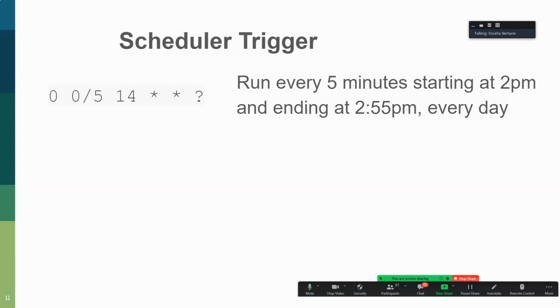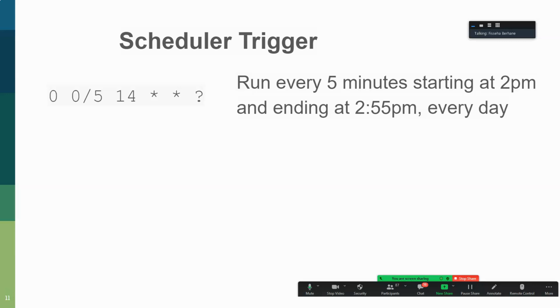And another one, these ones are increments. I have two examples with this one. So we have a denominator and a numerator here. The denominator is the increment. So in this case, our increment is 5, every 5. But when does it start? It starts at 2 p.m. because the hour value we have is 14.